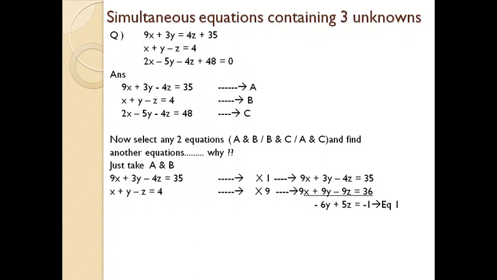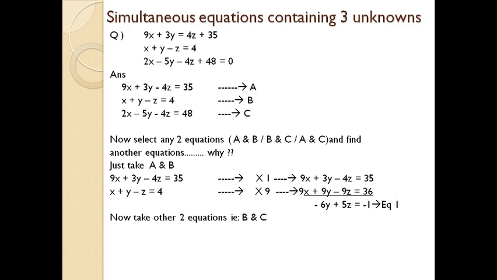Whenever you deal with x, y, z situations, you have to first find the first equation. There will be two equations. Now you go for another two equations. You might select any other two equations and develop the second equation from that.